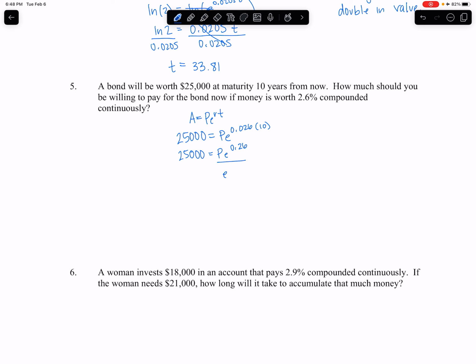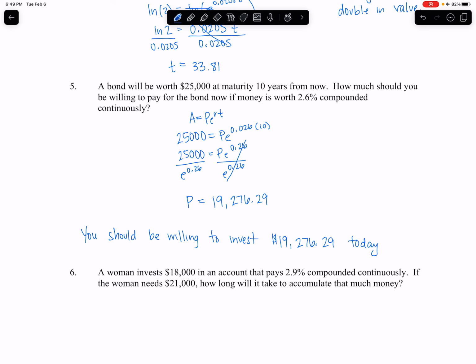If we divide by that, the principal is about $19,276.29. So you should be willing to invest $19,276.29 today.